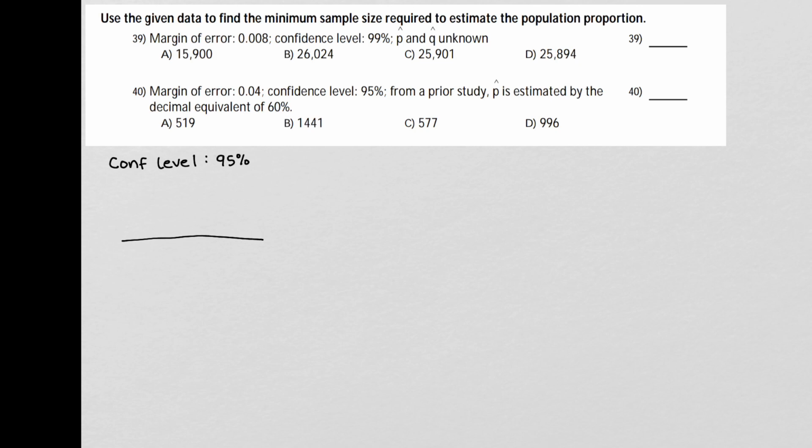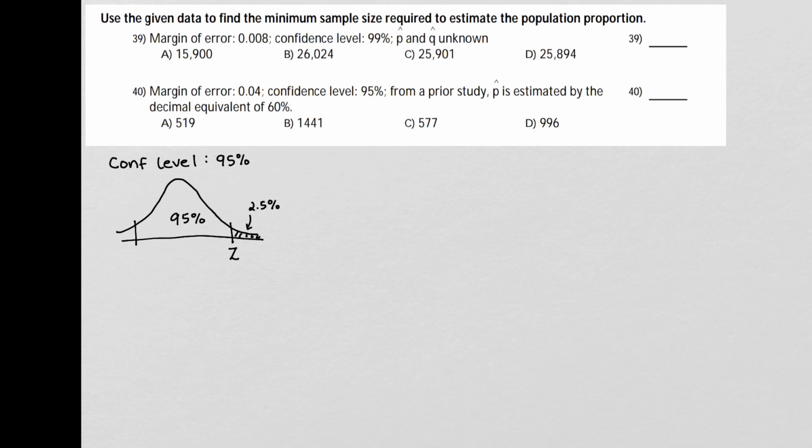Let's make a sketch of that. And 95% in the middle means 5% left over for the two tails. So if we just want the area of one tail, that's going to be 2.5%.